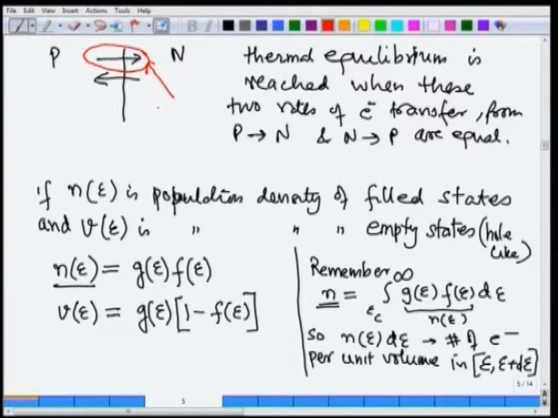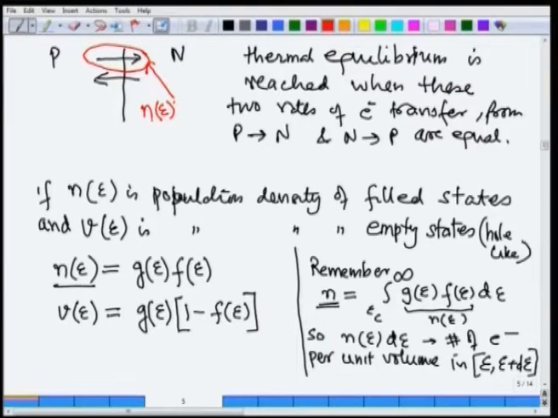One is the number of filled states on the p side, and the second quantity it will depend on is, sorry, let me write this properly. So this would depend on the number of filled states, but which side?